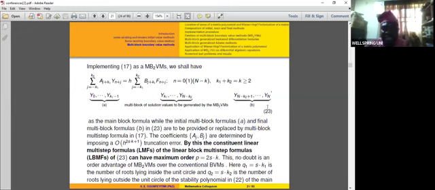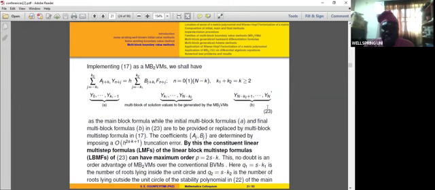The coefficients aj are also determined by imposing the h to the power 2sk plus 1 truncation error. One of the advantages of this method is that it has a maximum order of 2sk, where s is the dimension of the block and k is the step number of the block.